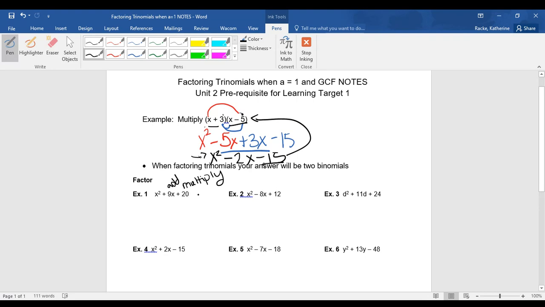You have 1 and 20, 2 and 10, 4 and 5, and then you'll just go through and add them. 1 plus 20 is 21, 2 plus 10 is 12, and 4 plus 5 gets us 9. So that will work, and you'll write it in two binomials like we did here: x plus 4 and x plus 5. That would be your answer.